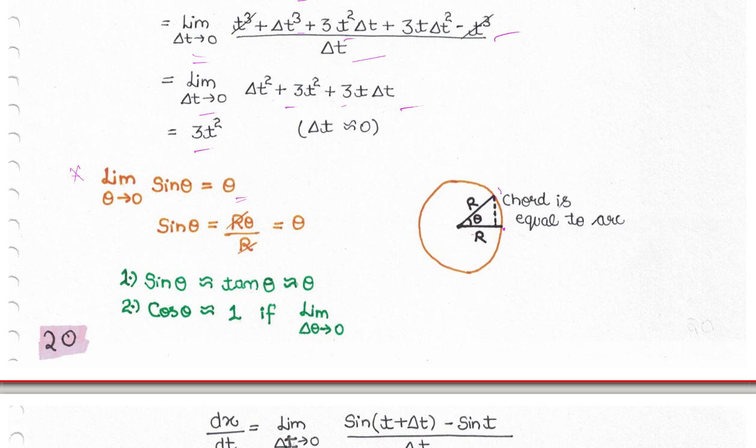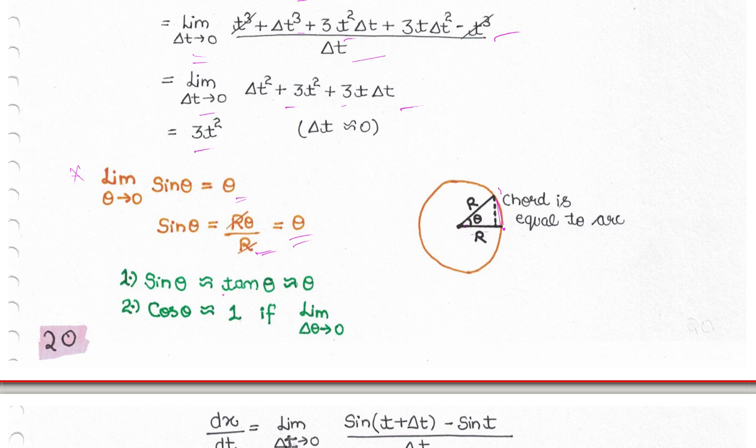If this arc is very small, we can take it as a small perpendicular distance or straight line. So sin theta is equal to r theta by r. We can cancel r by r, so sin theta is equal to theta.